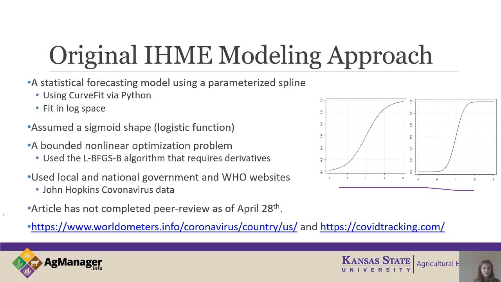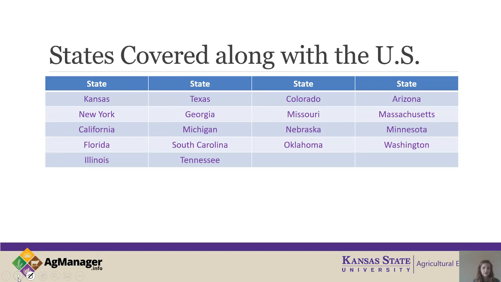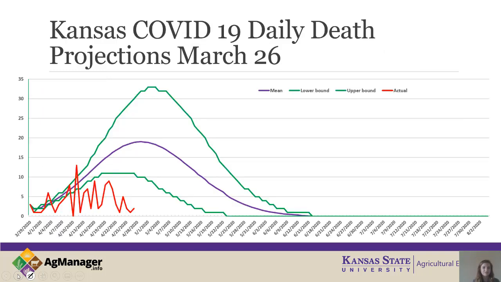In addition to this model, some of the information that we used in terms of actual data and actual deaths came from the Worldometers website and the covidtracking.com website. This is a full list of the states included in the slides, and then today I'm going to go over some of the more interesting and notable cases that are maybe relevant to the news cycle today and some of the more interesting things that we have seen.